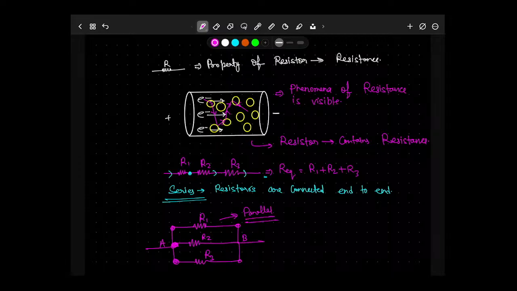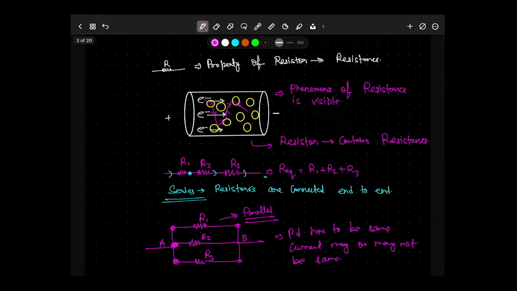So if the resistors are parallel, then the potential difference has to be same. Current may or may not be same. We will take each and every example, right?